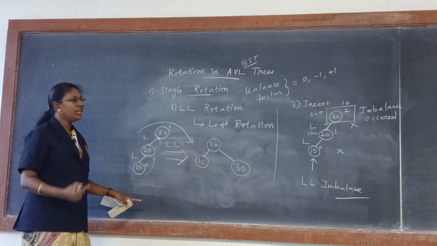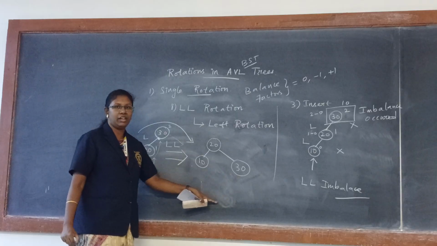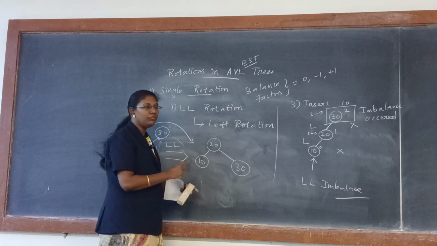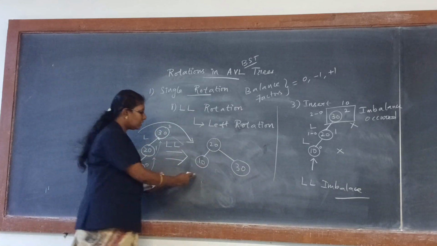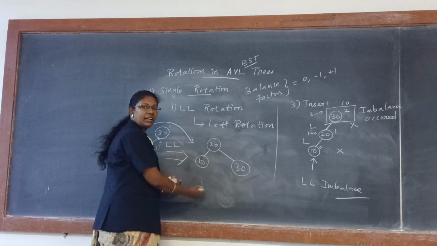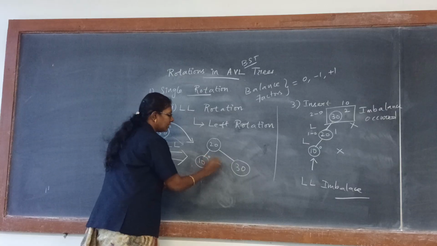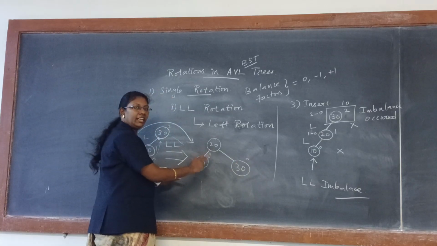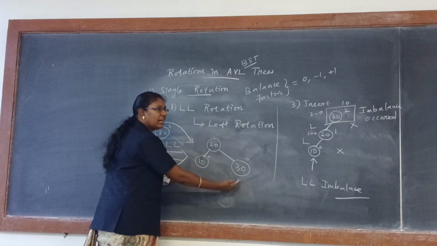For this tree, we are going to find the balance factor for each and every node. Here 10 and 30 are the leaf nodes. For leaf nodes there is no calculation at all because there is no left or right child for these two nodes, so the balance factor is 0 here and this is also 0. Now for this node 20, there is one left child and one right child.